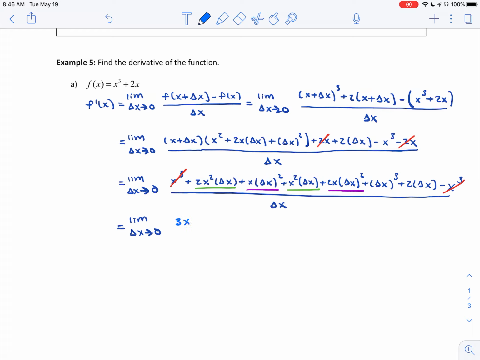We'd have a 3x squared delta x plus 3x delta x squared plus delta x cubed plus 2 delta x all over delta x.